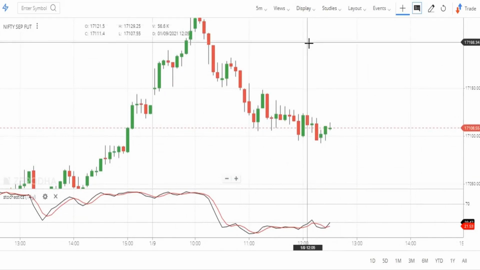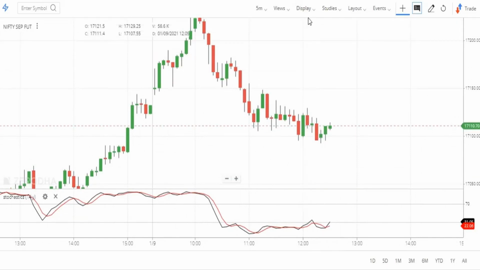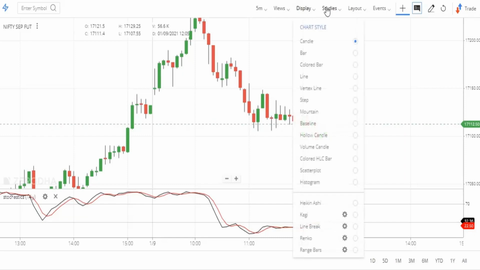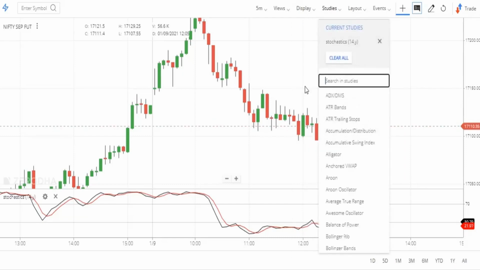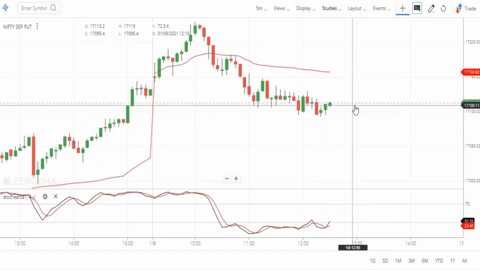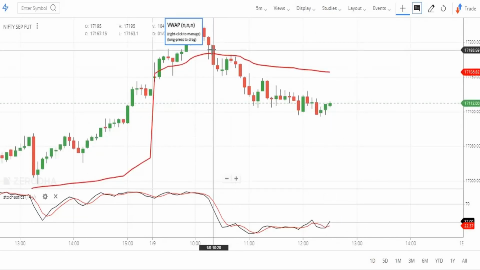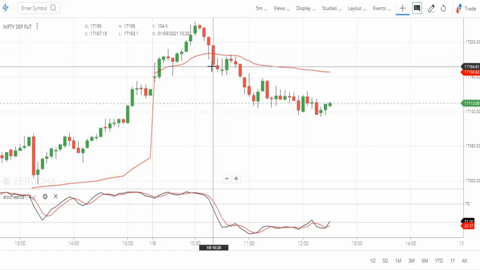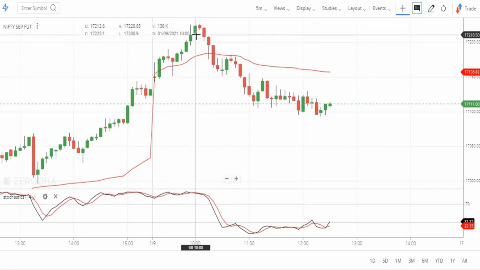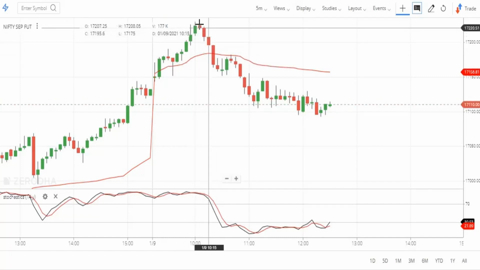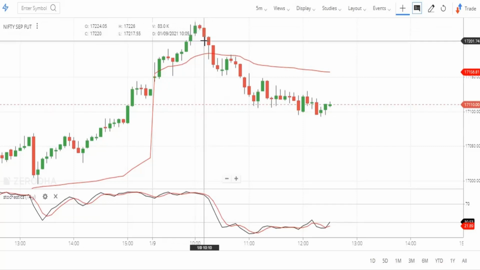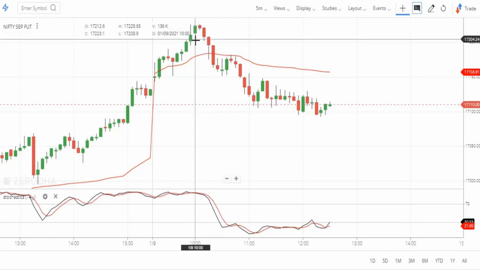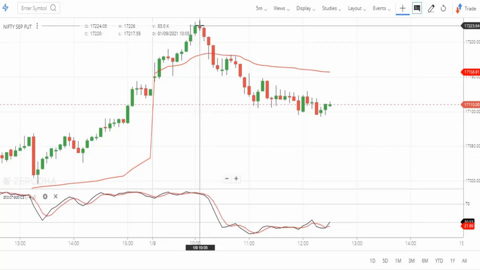You can use RSI, you can use moving averages, or you can use VWAP. I will give you an example. Let's use VWAP. As you can see, the VWAP was negative over here. We had a reversal pattern over here, RSI was overbought, and we got a rejection pattern.